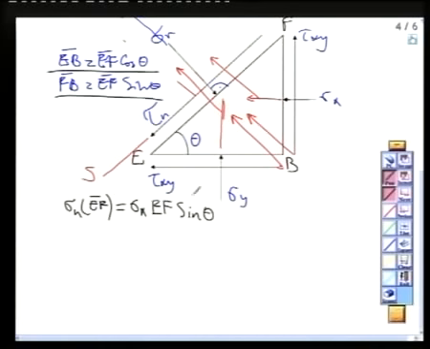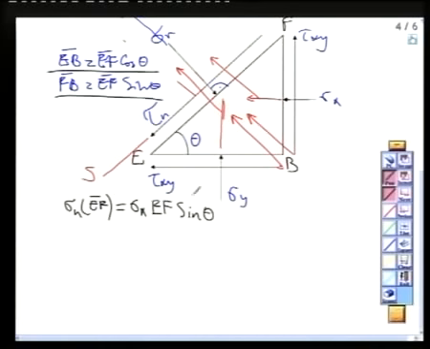Plus sigma y. Sigma y is multiplied by EB, but EB is EF cosine theta. And to move to this direction, it has to be multiplied by cosine theta again, so it's cosine squared theta.